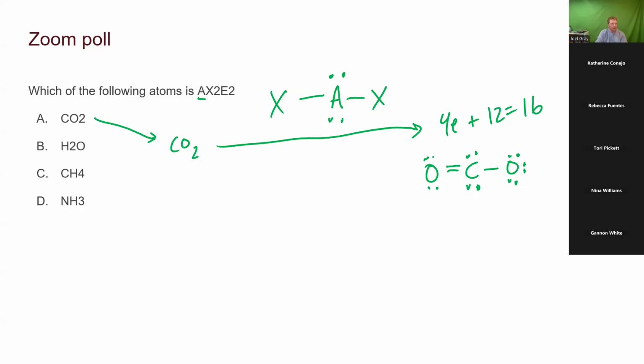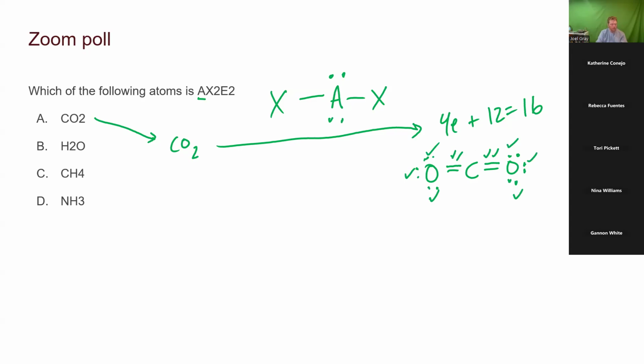So if I added a double bond here, then for each double bond I want to erase a lone pair on my central atom. Now the question is, does carbon have a complete octet as this is drawn? It does. Do each of my oxygens have a complete octet? Well, they exceed the octet. How many total electrons do I have drawn? 2, 4, 6, 8, 10, 12, 14, 16, 18, 20.